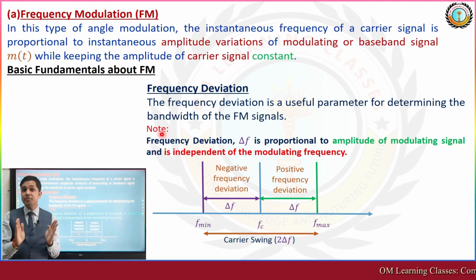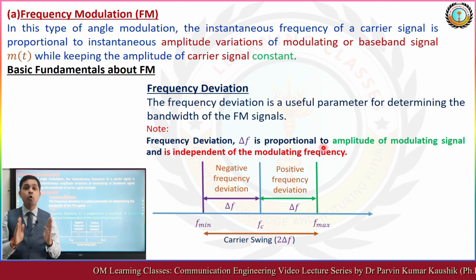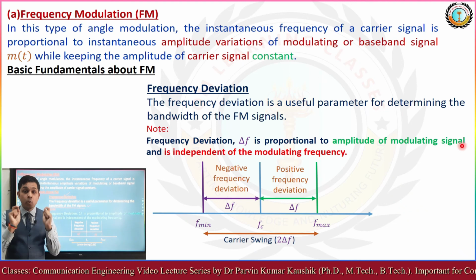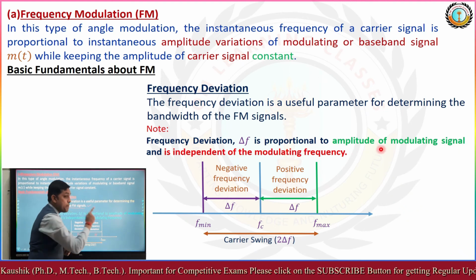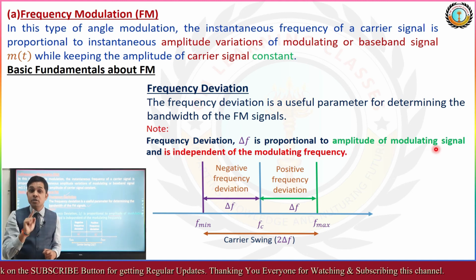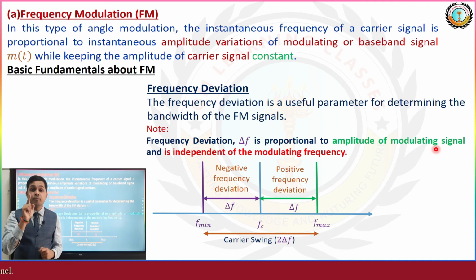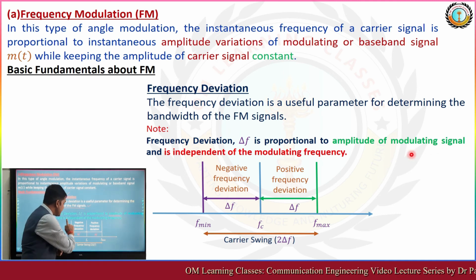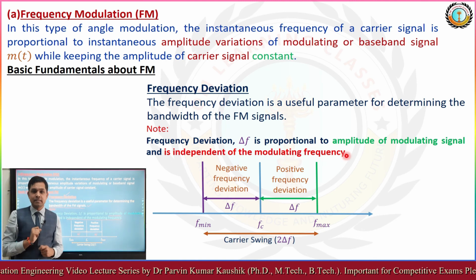The frequency deviation delta f is proportional to the amplitude of the modulating signal. Very important point. It is corresponding to the amplitude of the modulating signal, because delta f is equivalent to kf into m(t), and m(t) is corresponding to the amplitude of the modulating signal and is independent of the modulating frequency.